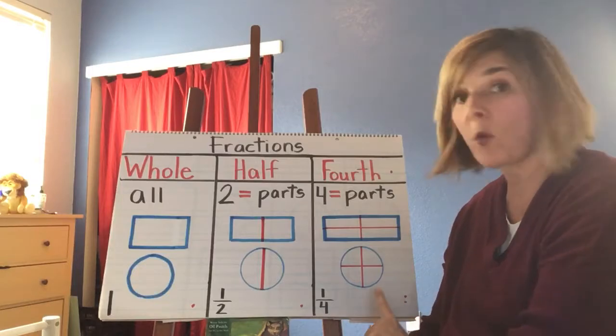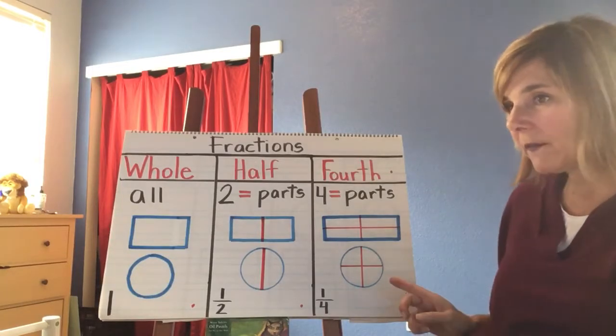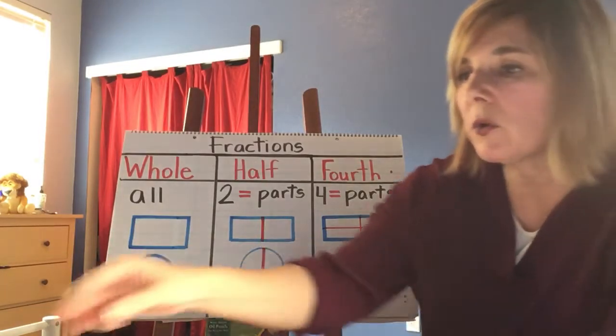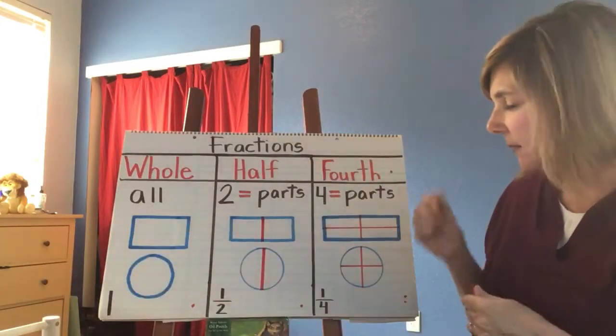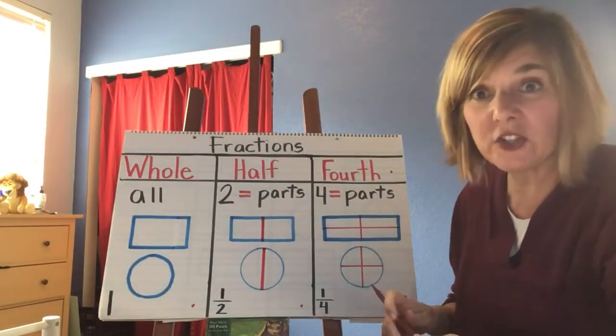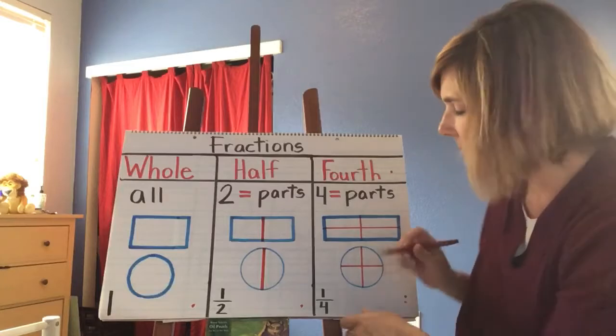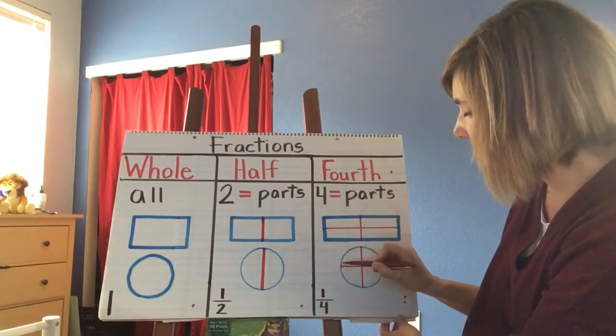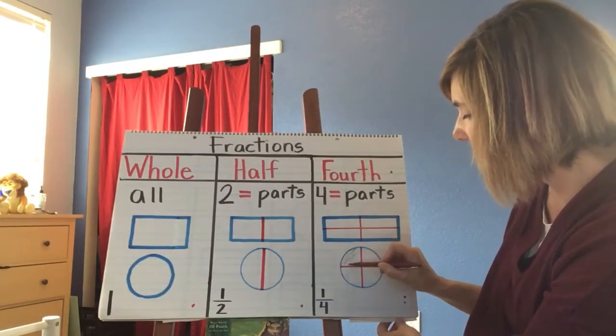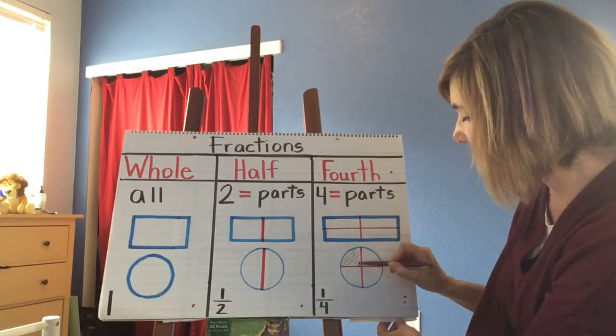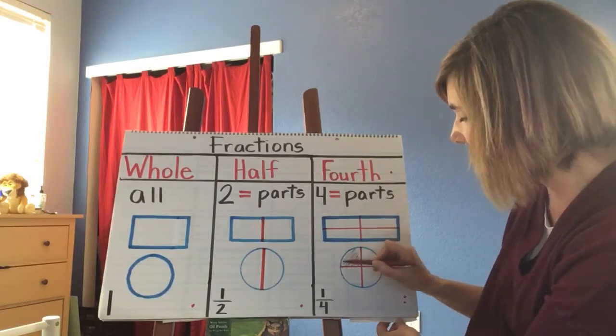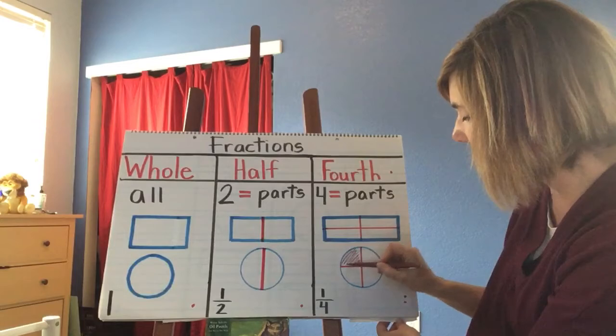I call them fourths. Now I put a dot there because I wanted to show you what would happen if I shaded one of the parts. And I can't really shade it because I picked a pen that doesn't do that very well. But you see what I mean.